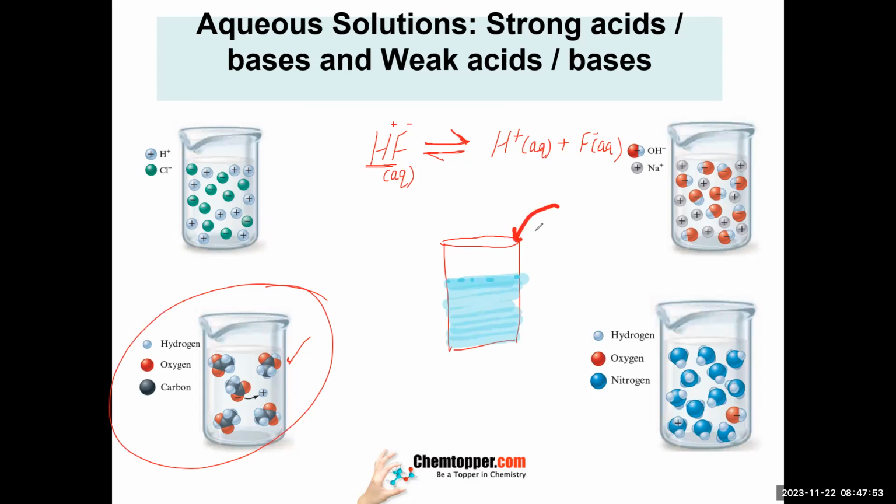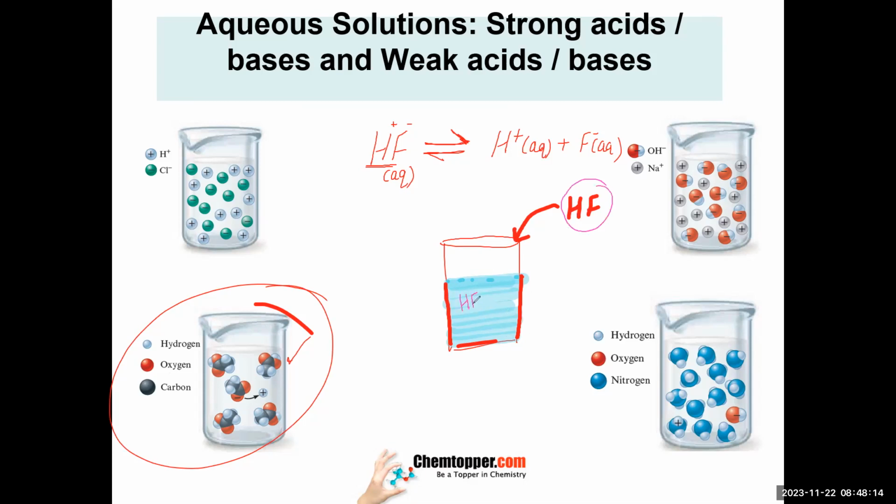I'm adding HF. So can you tell me what all will be there in the beaker, the way they are showing? You just give me the formulas. I'll put the formulas here. What all will be there in the solution? Do I have HF in the solution?